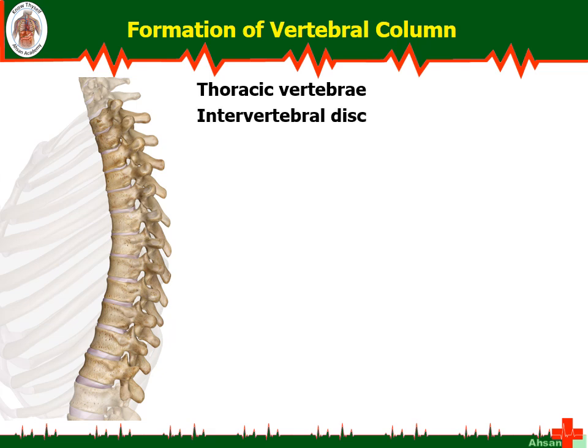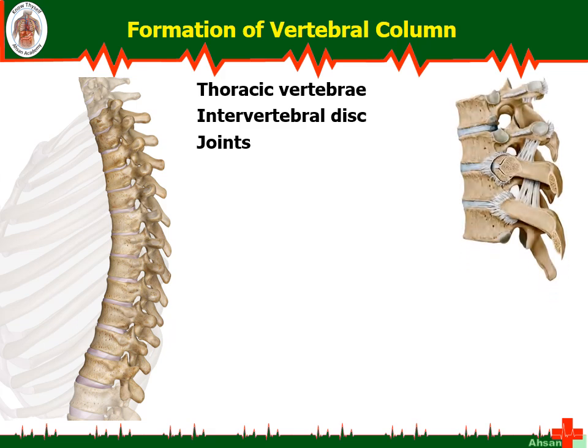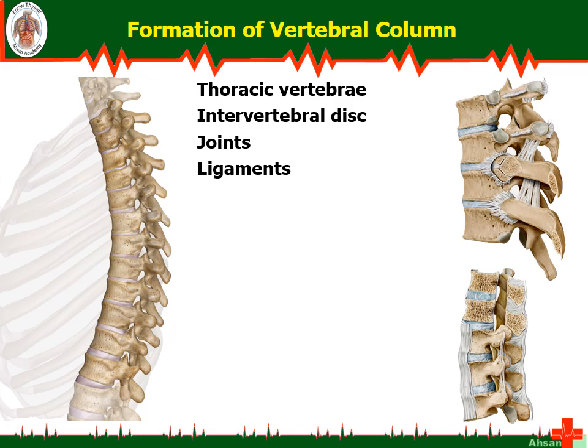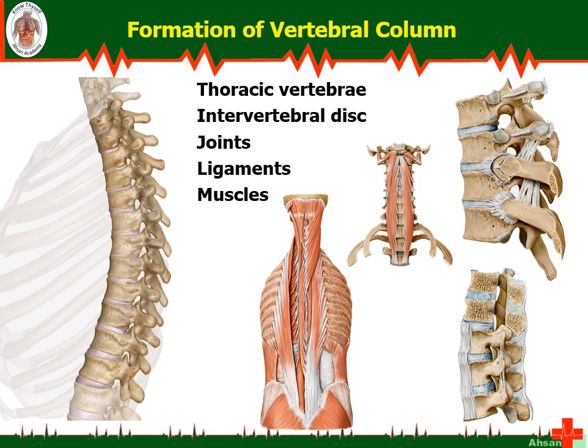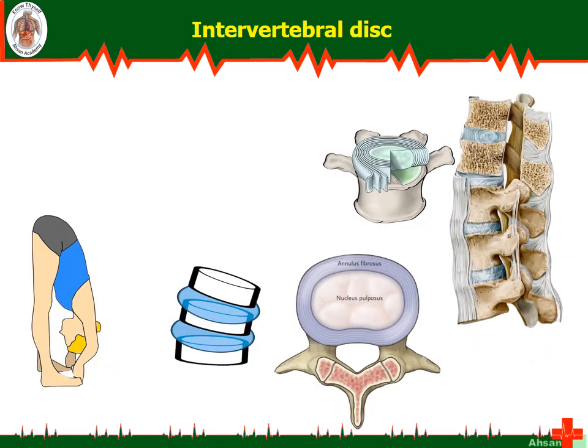So the vertebral column is formed by the vertebrae as well as the intervertebral disc and other joints. These joints have some ligaments connecting the different parts of the bone. The muscles surround the vertebral column and make it a strong axis of the body. The intervertebral disc is especially important because of its special function other than making the joint between two vertebral bodies.